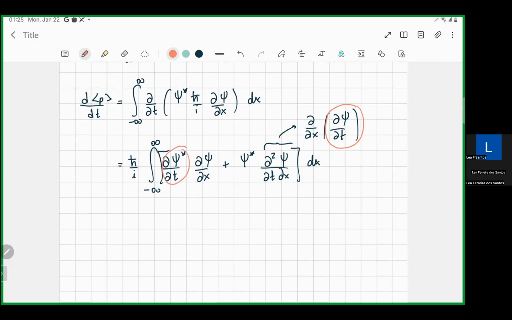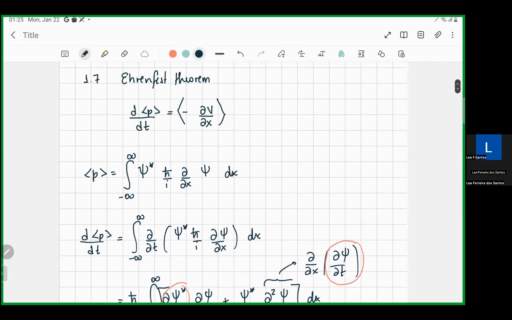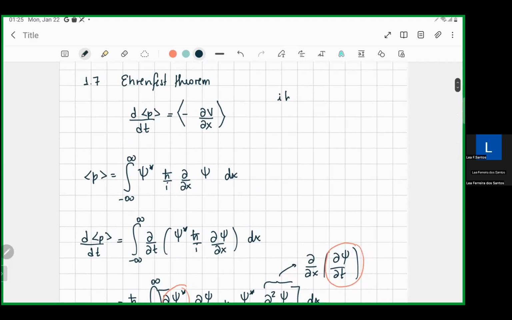Well, what was Schrödinger's equation? Let's write it here on the corner. i h bar derivative in time of psi equals minus h bar squared over 2m, second order derivative in x, plus the potential energy V times psi.